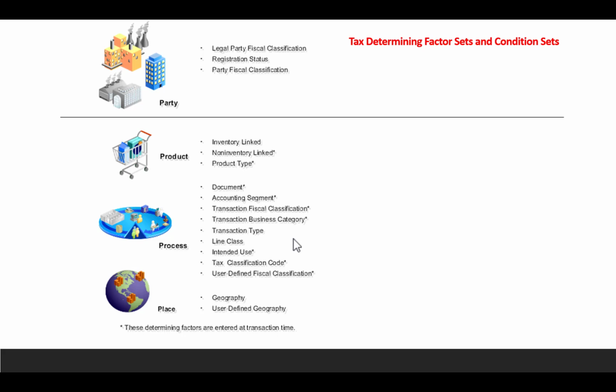Or place, a specific place, because we will use it in self-assessment tax or reverse charge mechanism. As a geography, almost all of us use geography, or those working in the US can use states instead of geography. Geography, as we said in the previous video, is like a specific country.